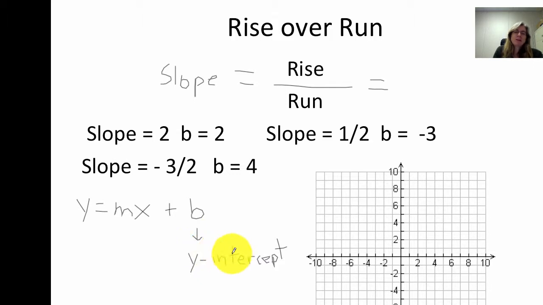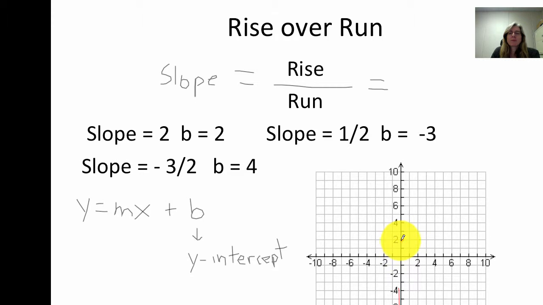What that means is that is where a point on the graph crosses the y-axis, or is sitting on the y-axis. The point itself sits on the y-axis if it is the y-intercept. So for this b equal 2, that means on the y-axis, this axis here, b is 2.